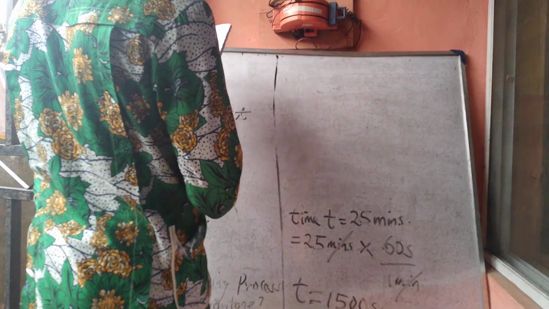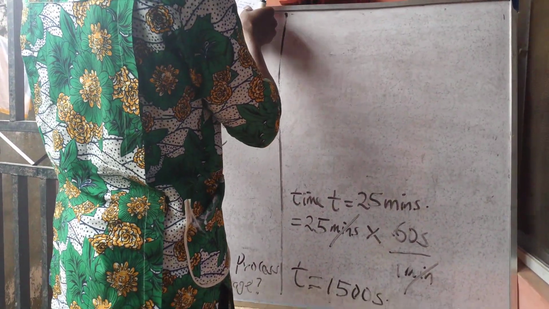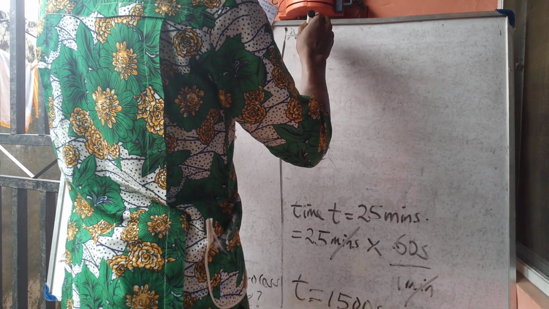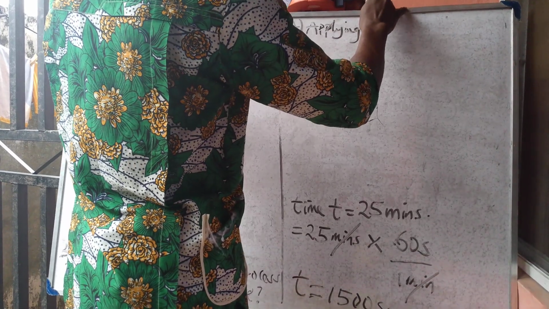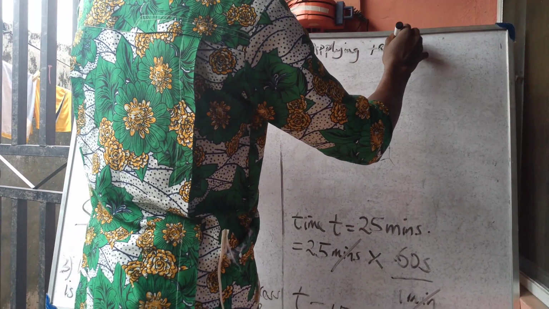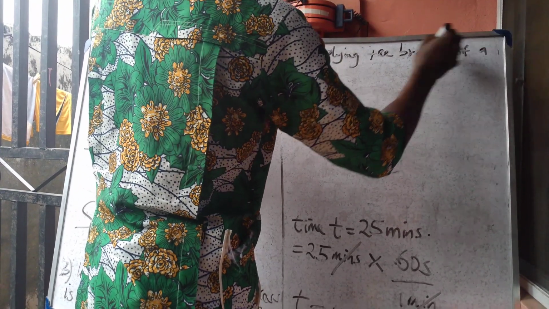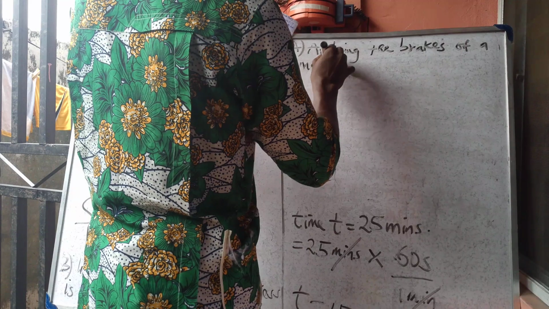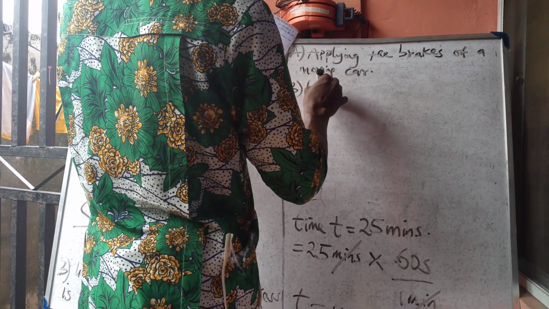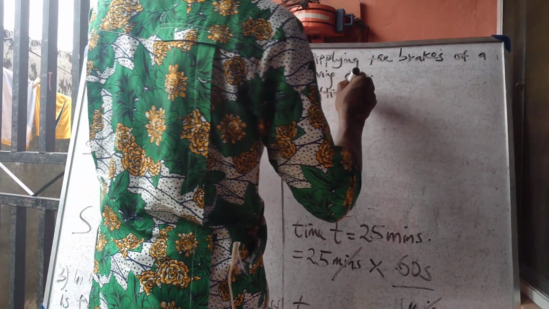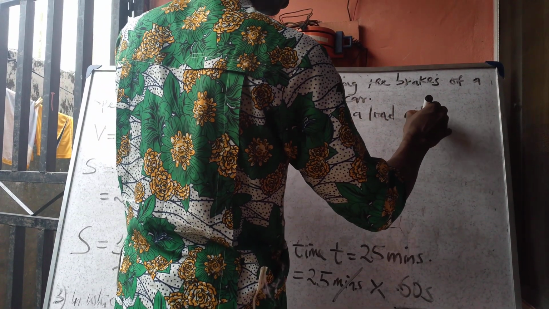The first option is this. Option A, applying the brakes of a moving car. Option B, lifting a load with a pulley.